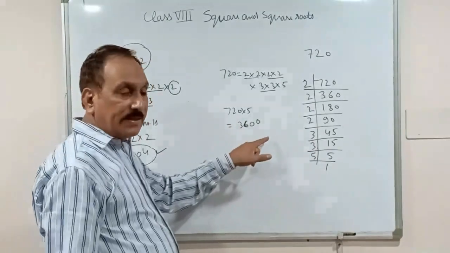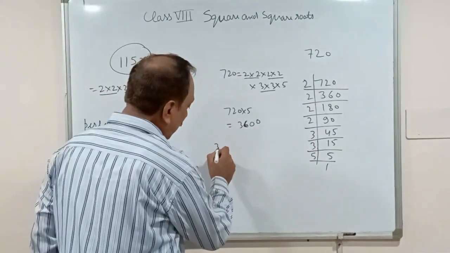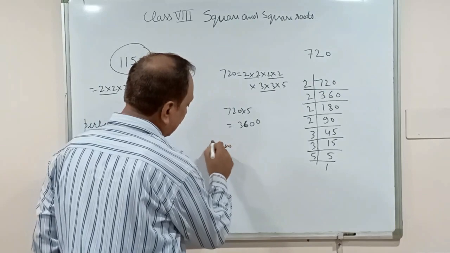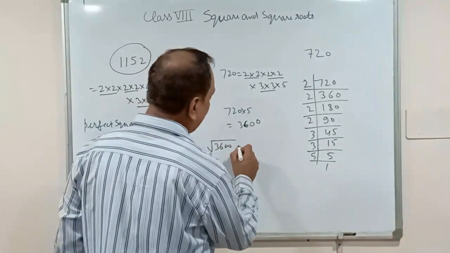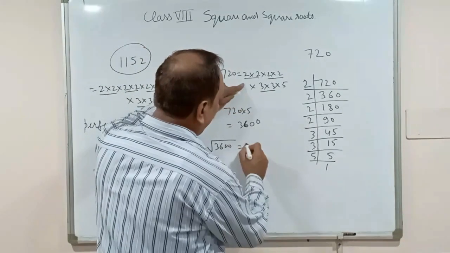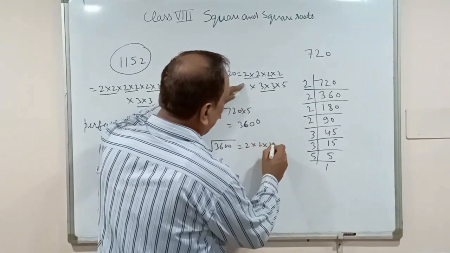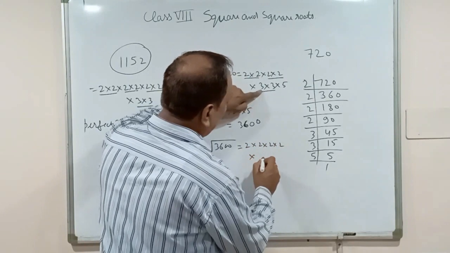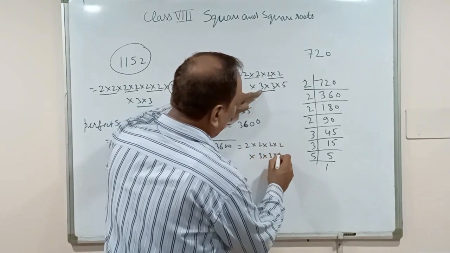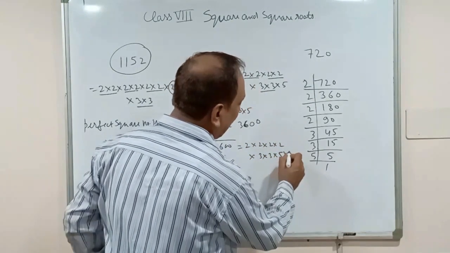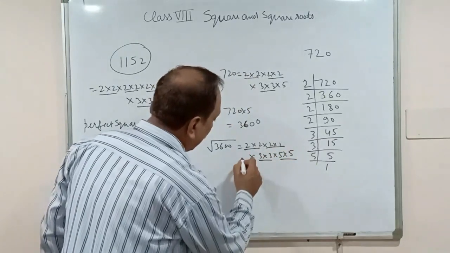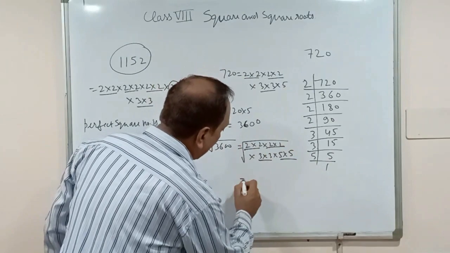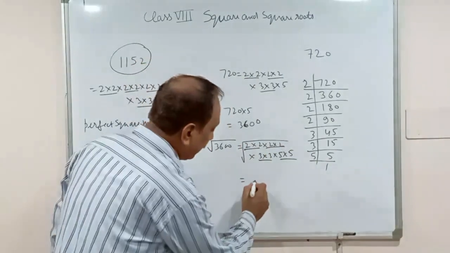The perfect square is 3600 and the square root of 3600 is, this symbol represents square root. Square root of 3600 is, here is the same, 2 into 2 into 2 into 2 into 3 into 3 into 5. एक 5 से मल्टीप्लाई किया था वो, मेक द पेयर्स. हर पेयर से एक ही नंबर बाहर ले लें.